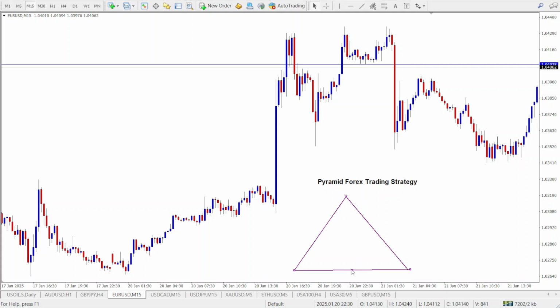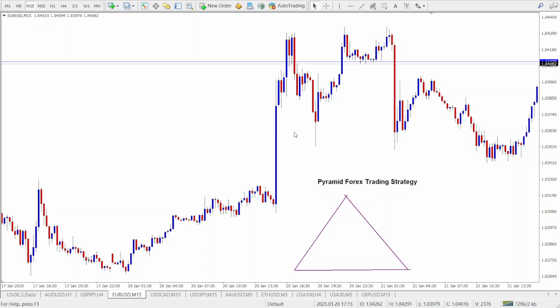As you add more positions incrementally, you're going to have a pyramidal structure on your chart with respect to your entries.